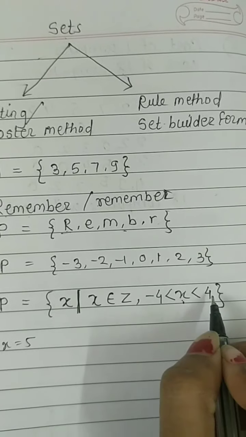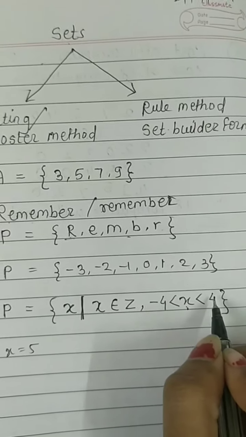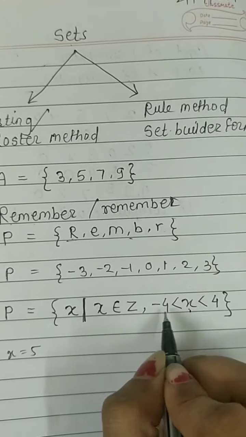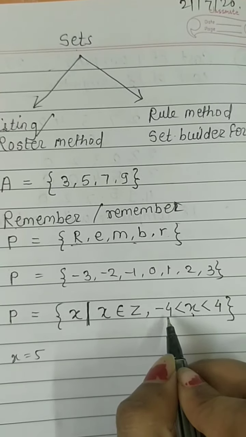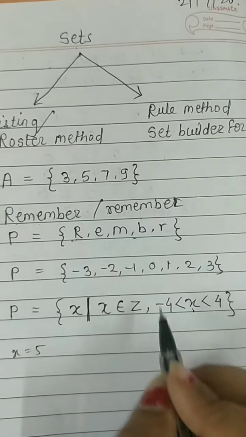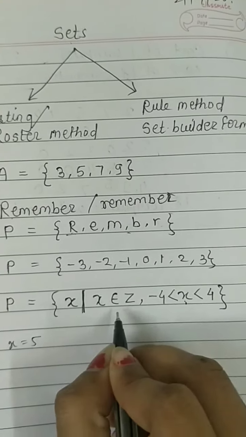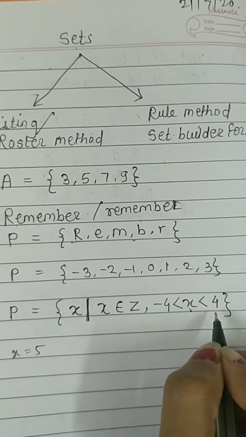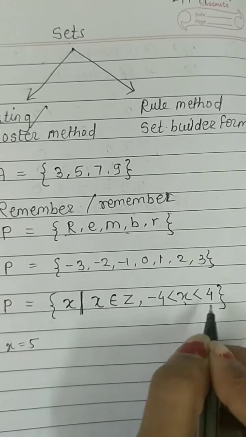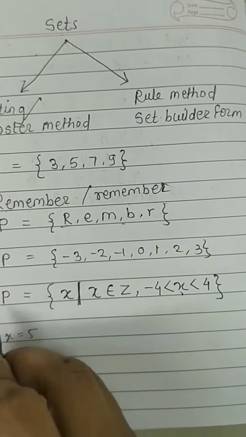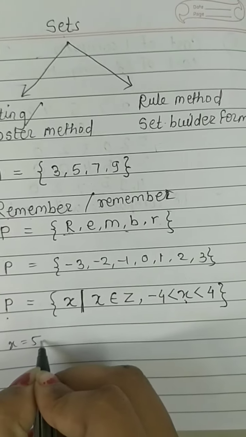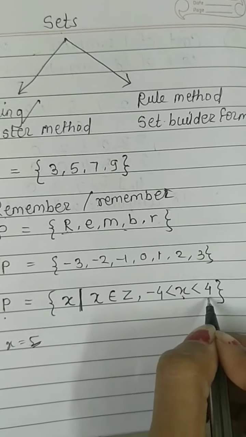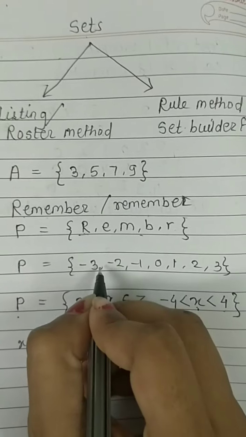If x is equal to 5, then this 5 is greater than 4, so this condition will not be satisfied. So what are we going to write in this rule method? We set a condition for x, and that x has to follow the same condition, and only then can we say it belongs to set P. So this x equal to 5 does not belong to this set as given.